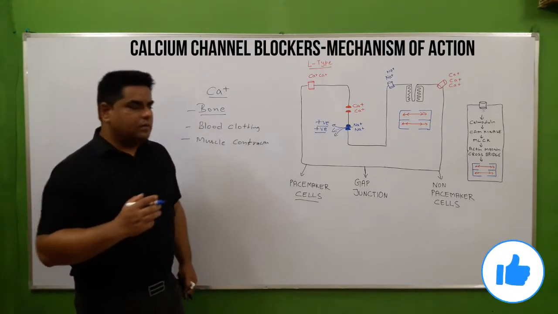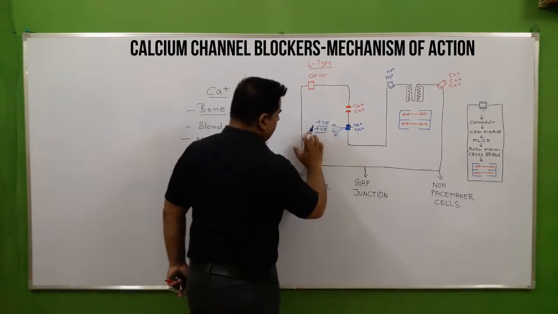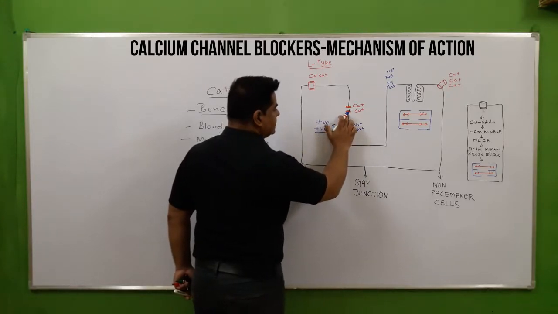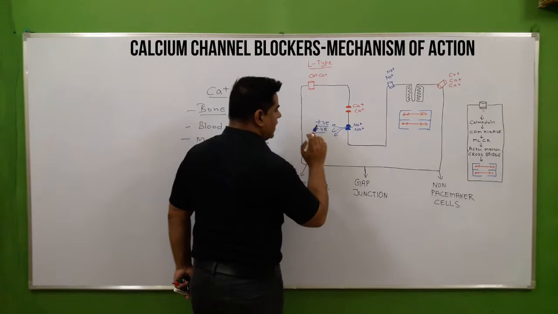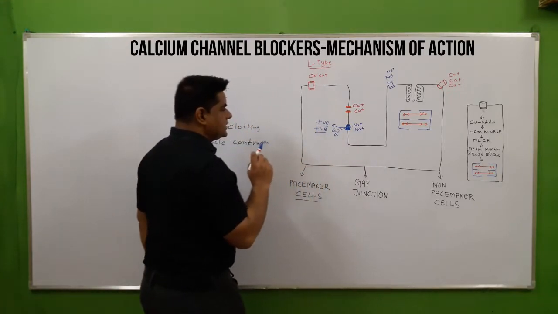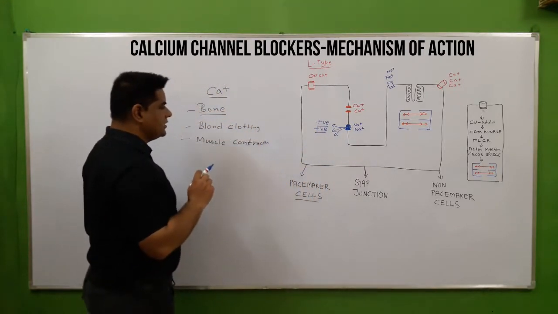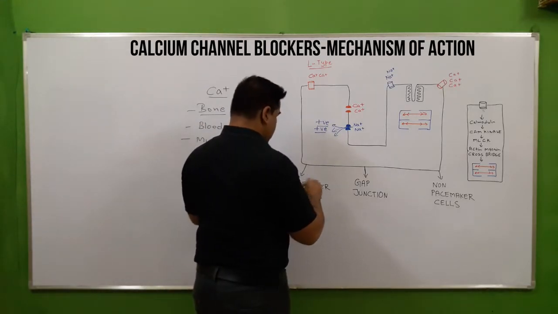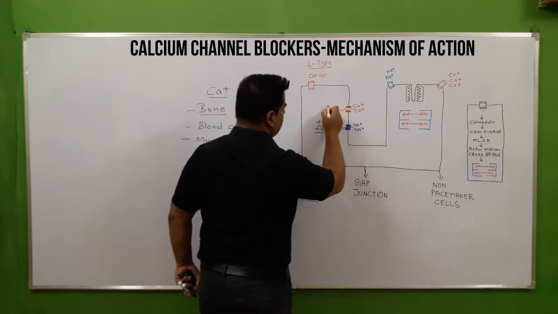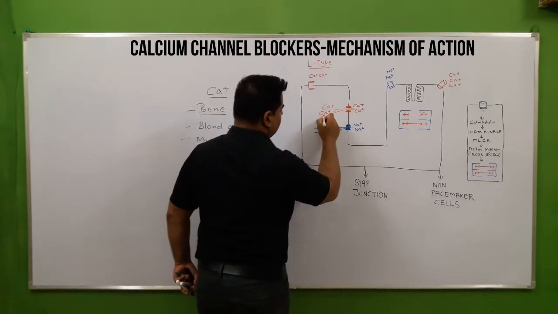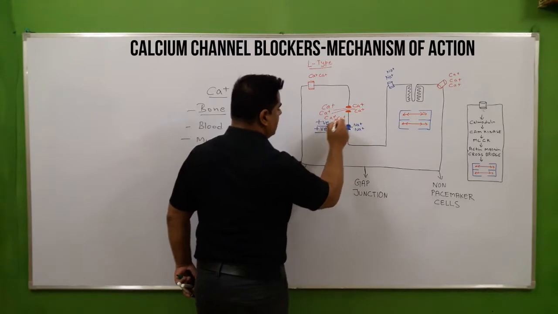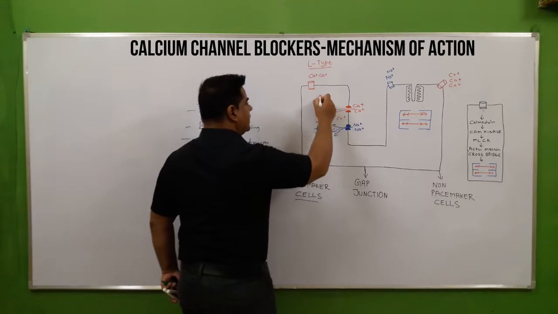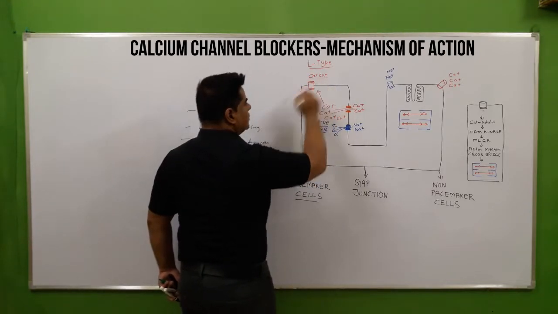As the cell environment becomes more and more positive, the voltage sensitive calcium channels are stimulated, which leads to influx of calcium. And then what happens? The cell becomes more and more electropositive, which further stimulates the L-type calcium channels.